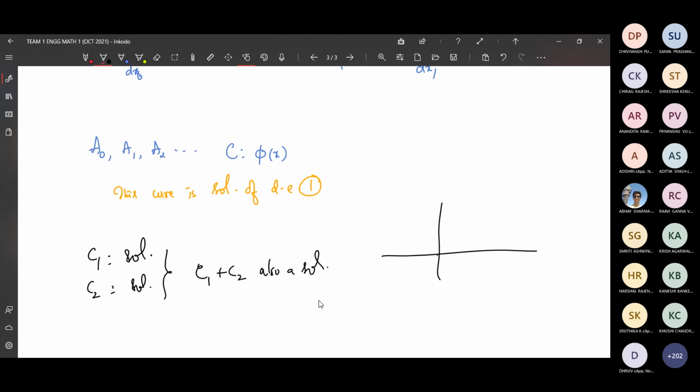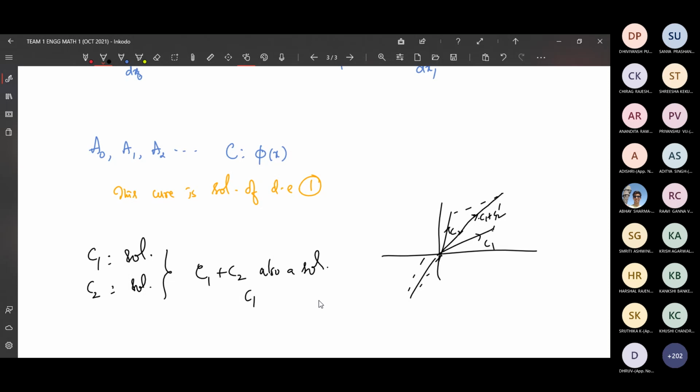Suppose this is a solution, this is a solution. C1 plus C2 means what? This is C1, this is C2. This is the sum vector, something like this. But this depends on C1 and C2. If I change C1, C2, then C1 plus C2 also will change. It is also a solution. And similarly, minus means the other side.